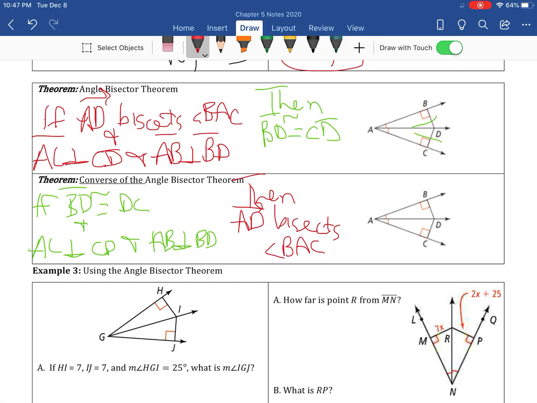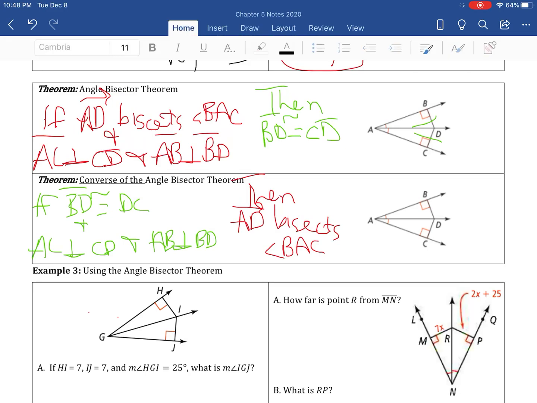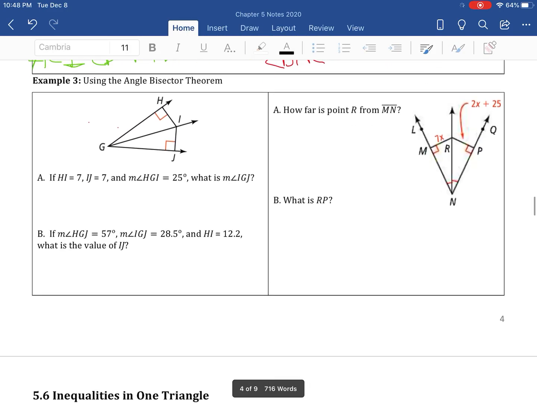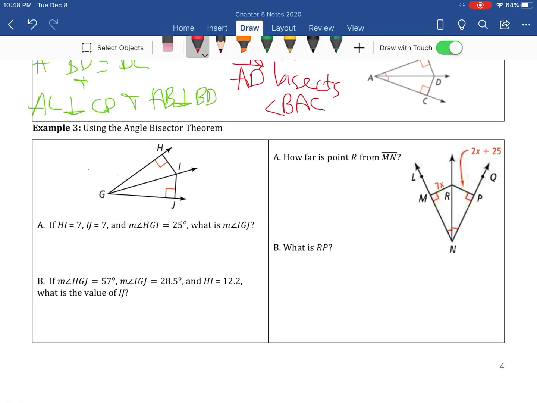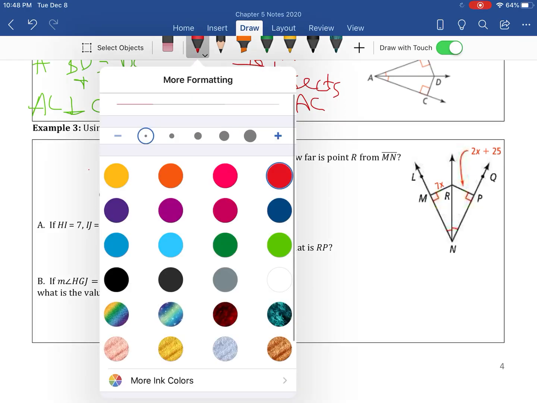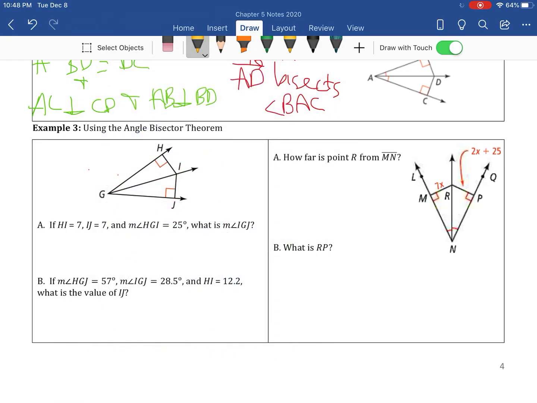All right, so we can put into practice here what that actually is going to do. If we just look at a couple equations, these will be the last two that we'll look at. It says, on example 3, part A, if HI is 7, so HI is 7 right there.